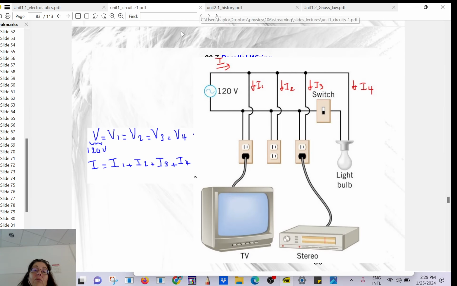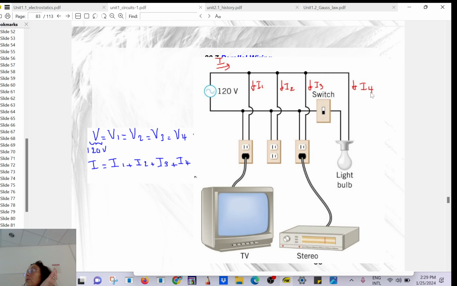So this is why in a house you don't use circuits in series, you use circuits in parallel. Usually from the outlet you get 120 volt AC, and all those loads consuming energy have to be in parallel.